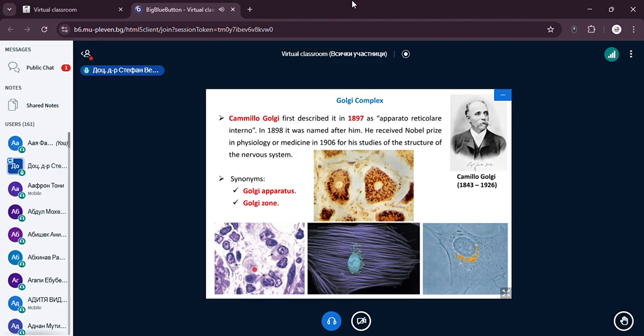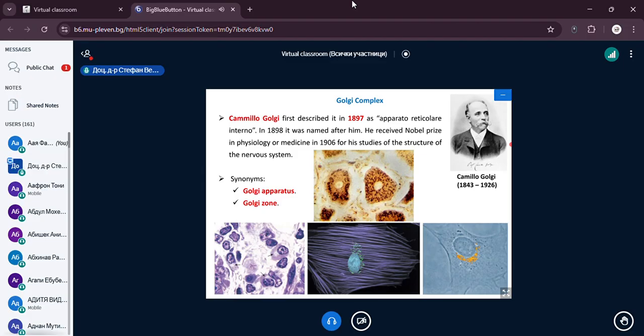But when Golgi apparatus is very abundant, regardless of its features to stain with eosin, it has a little bit lower affinity to eosin.